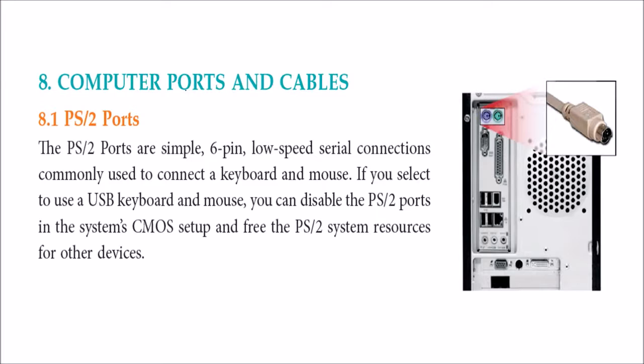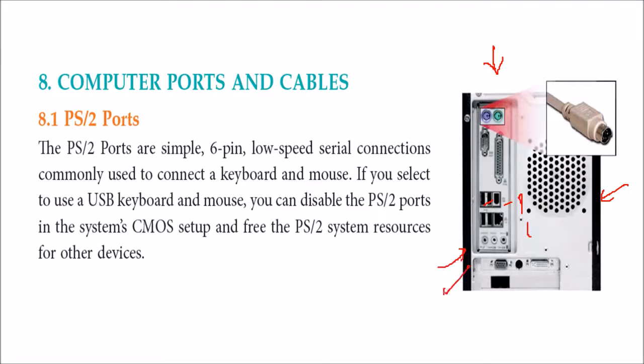Let us come to the ports and cables. This is the back side of a typical desktop PC or personal computer. Here we have different ports. A port is the medium or point where data is transferred into the system and out of the system.